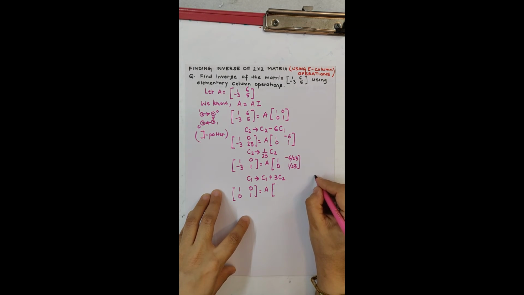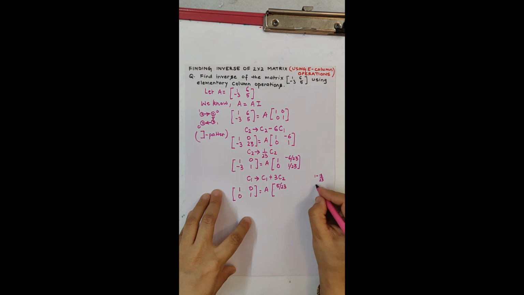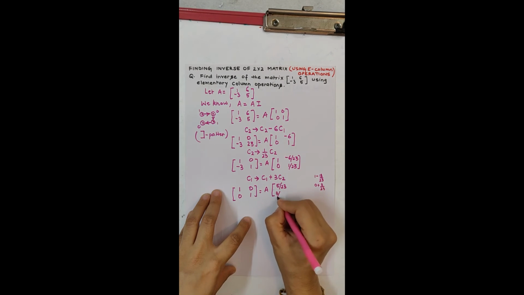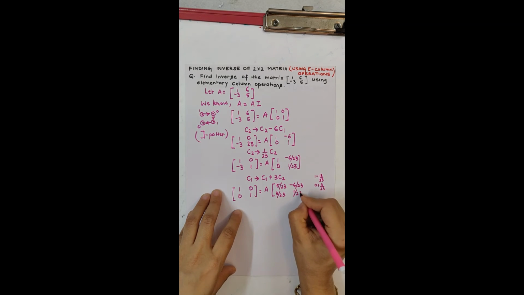So that's 1 minus 18 by 23, which will be equal to 5 by 23. And here the second element is 0 plus 3 by 23. So that's 3 by 23. And the second column remains as it is, minus 6 by 23, and here 1 by 23.